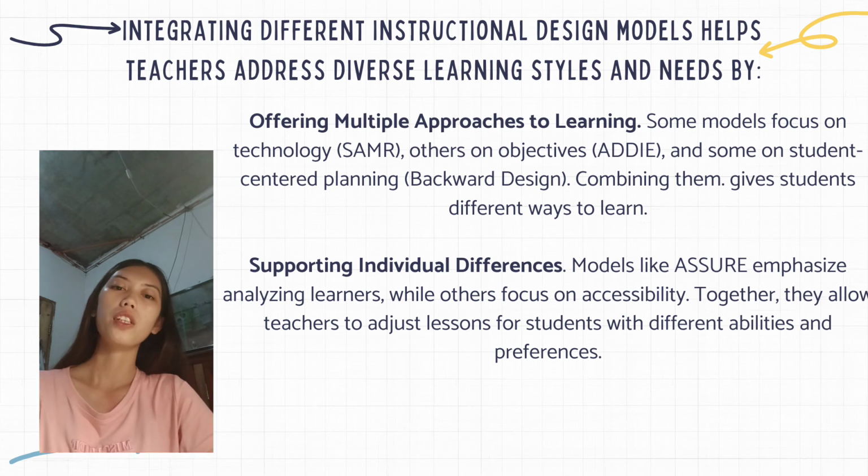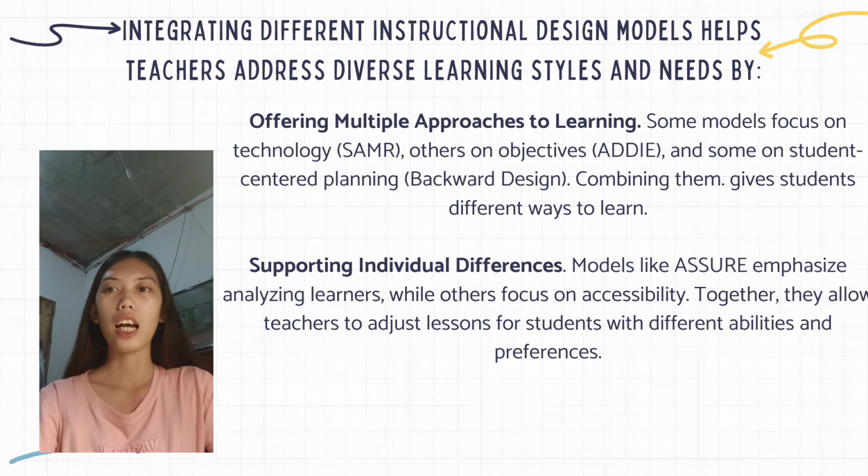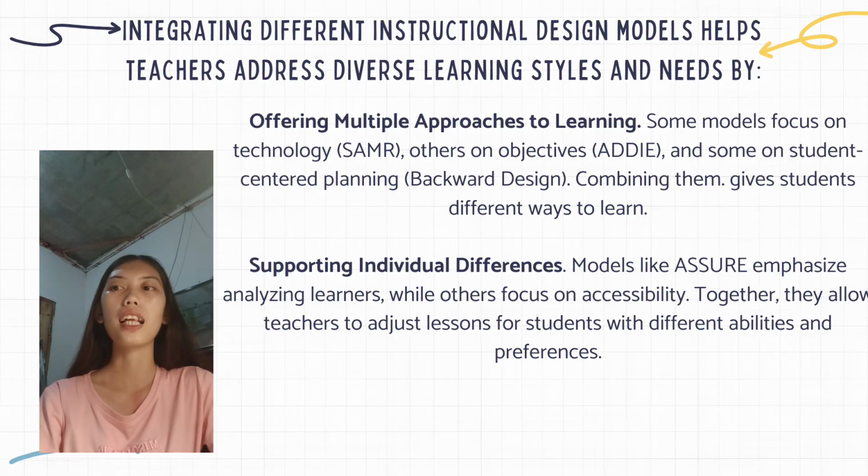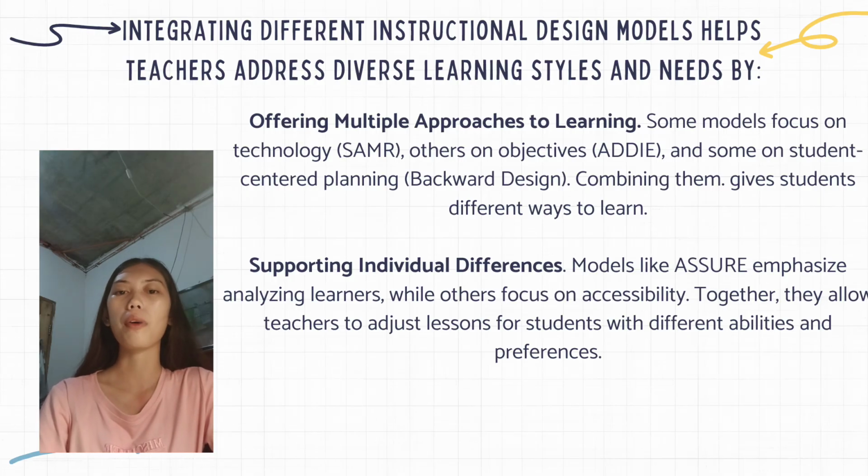Then supporting individual differences. Models like Assure emphasize analyzing learners while others focus on accessibility. Together, they allow teachers to adjust lessons for students with different abilities and preferences. So, Assure emphasizes analyzing the learners first, then focusing on accessibility to see what the learners can do.